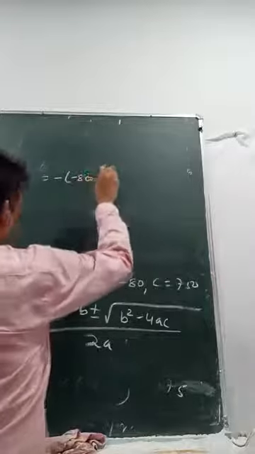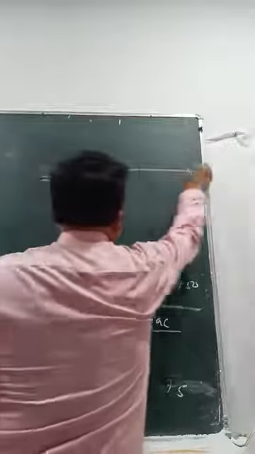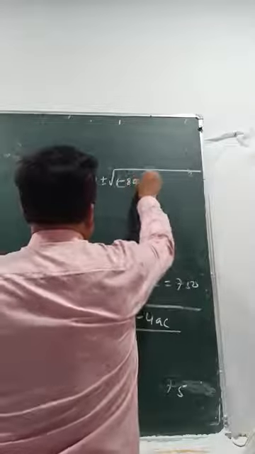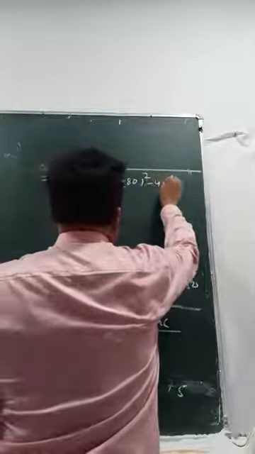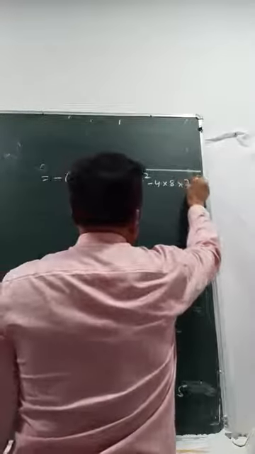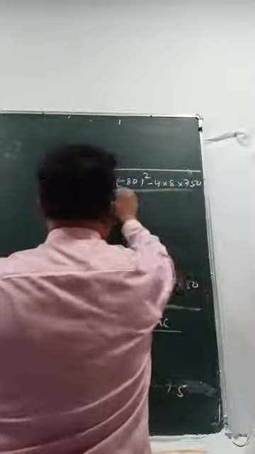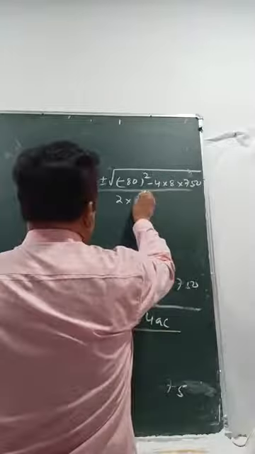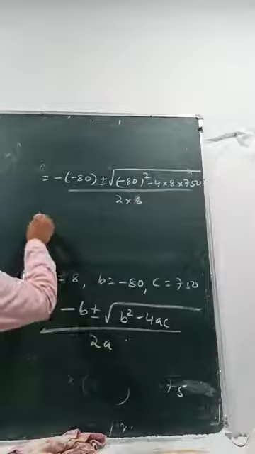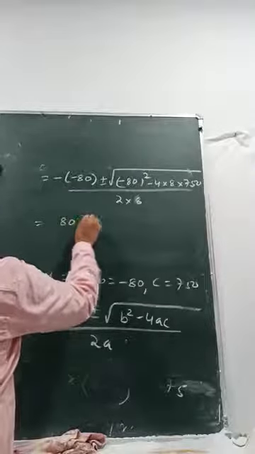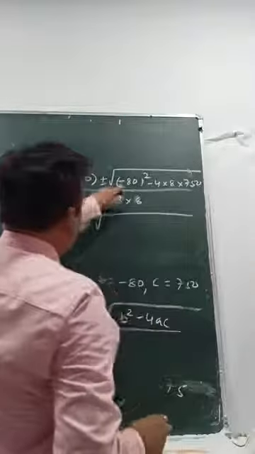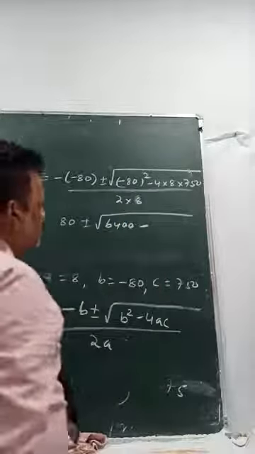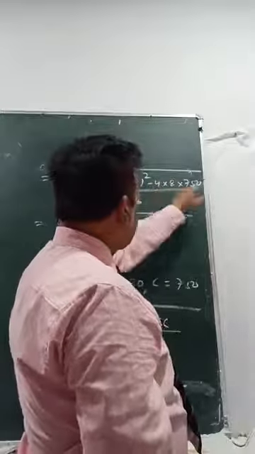Minus minus 80 plus minus square root of 80 square minus 4 into 8 into 750, divided by 2 into 8. Because this is 8. So 80 square is 6400. So you have to multiply 32 by 750.